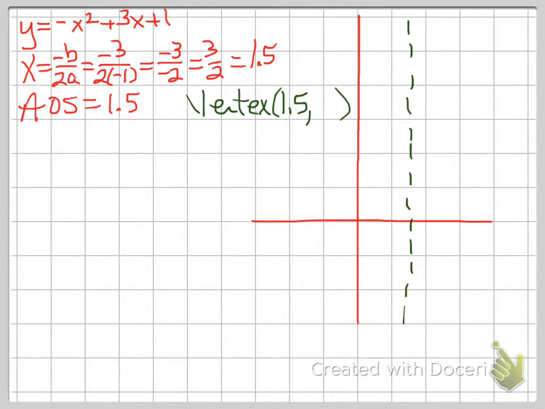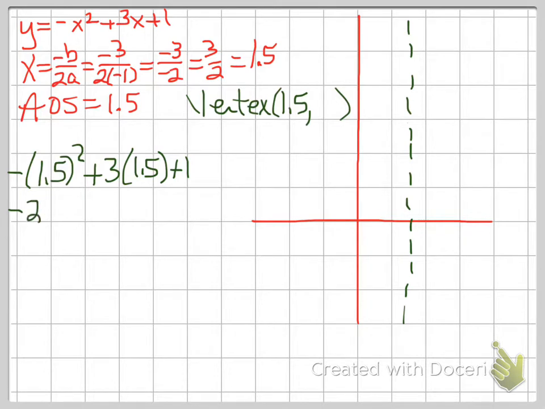So I have negative 1.5 squared plus 3 times 1.5 plus 1. Negative 1.5 times 1.5 is, let me double check myself, 2.25.